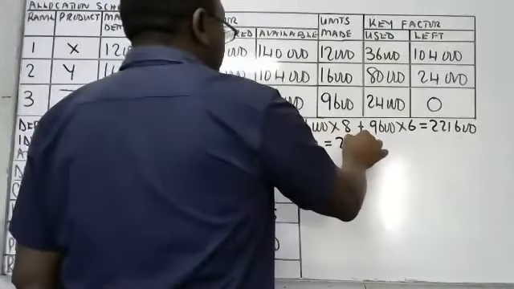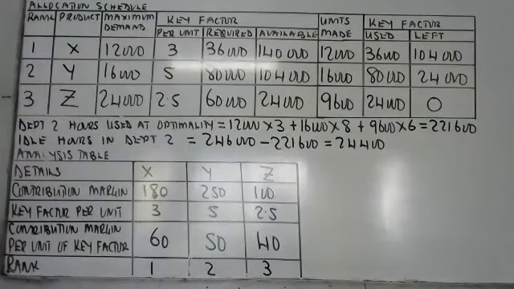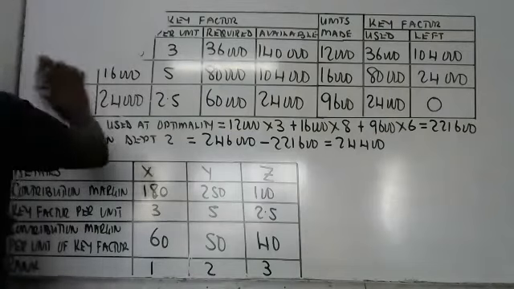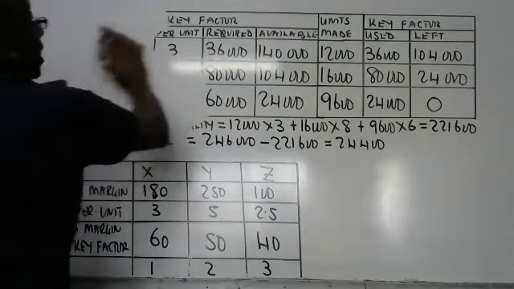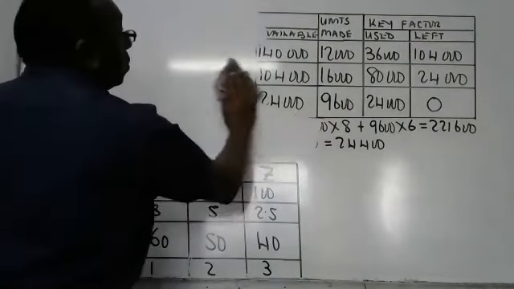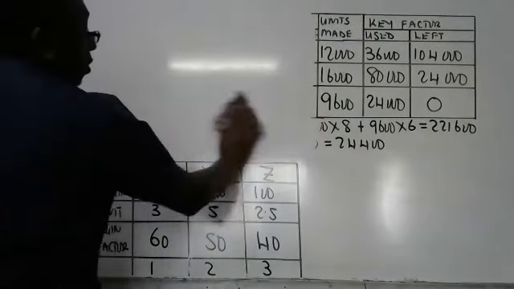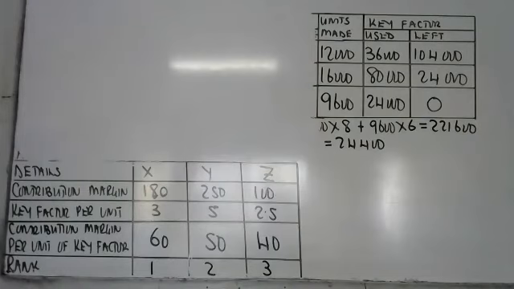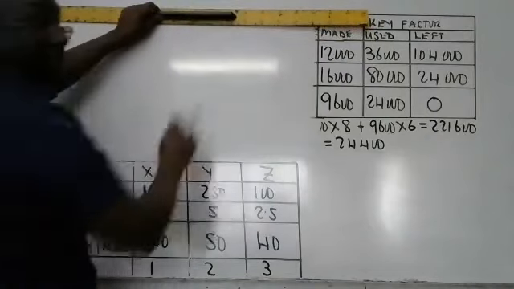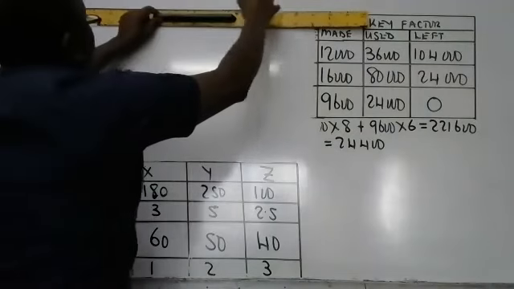That leaves 24,400 idle hours. So that now, below that, we can get maximum profit or income statement at Optimality.